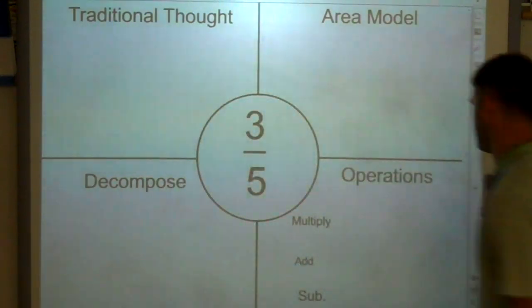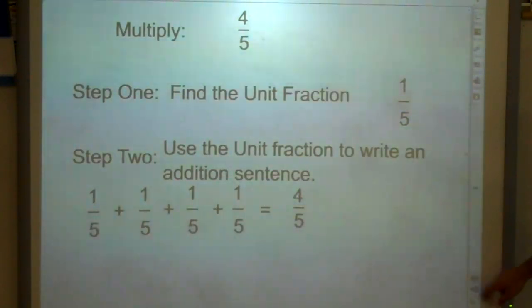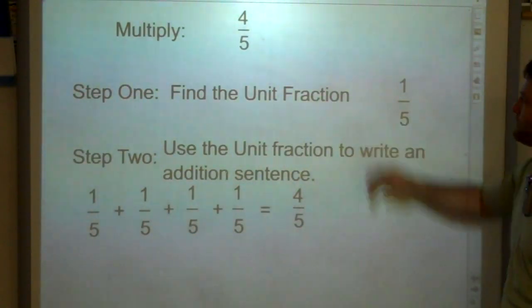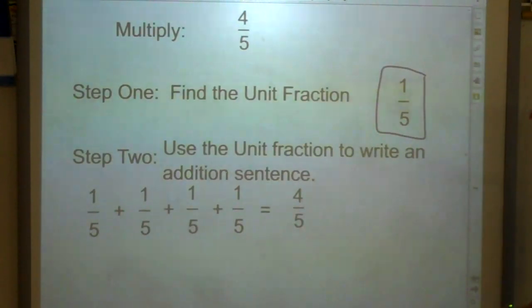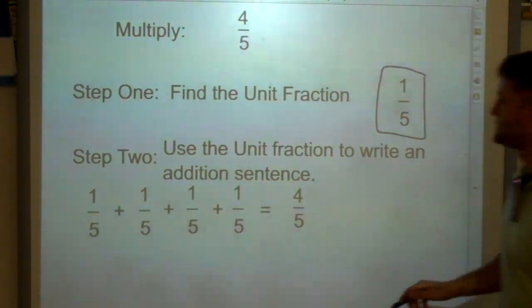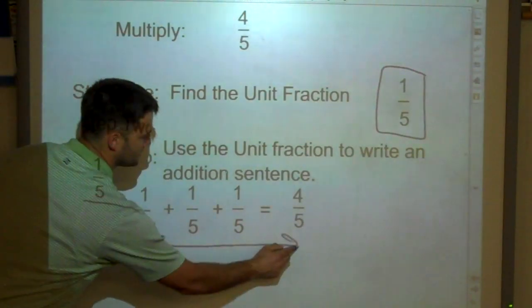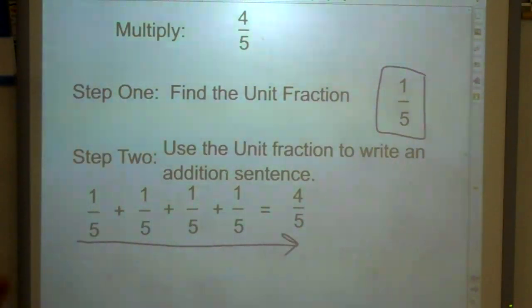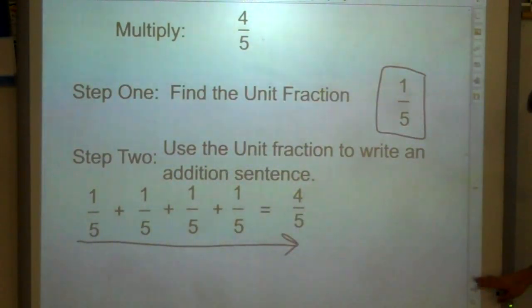Please refer to the beginning of the video where we laid it out into the steps. Step 1, find a unit fraction. Step 2, use the unit fraction to write an addition sentence. And we have done that for you there. So if you need to rewind the video to this point, you can do so, or you can pause here.